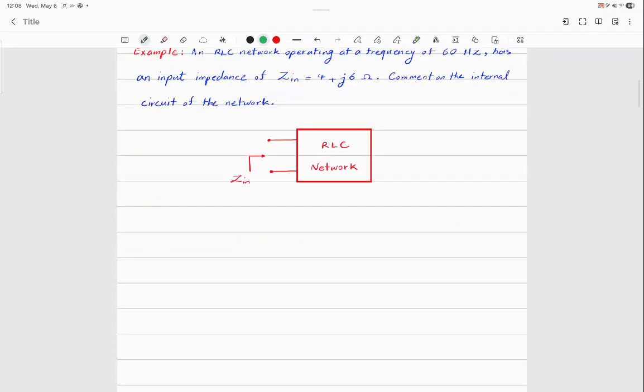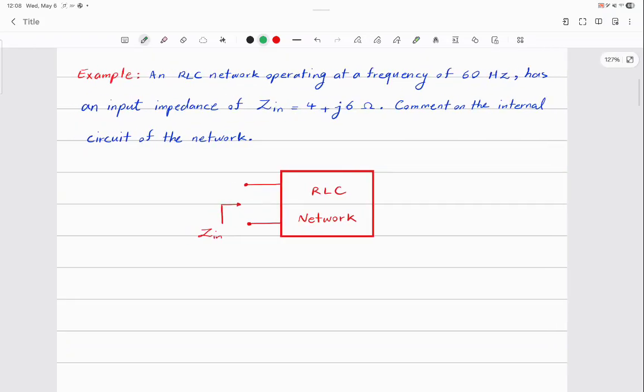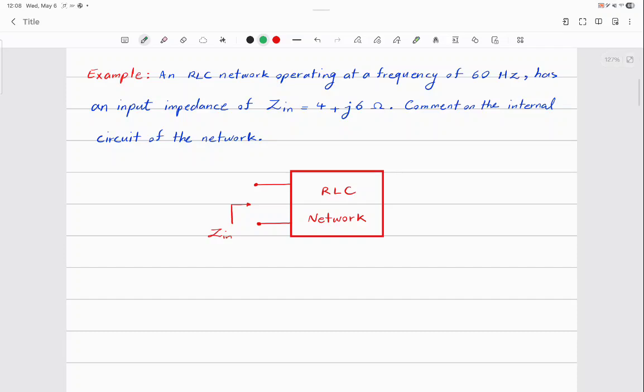Very good. Now, let's do an example. An RLC network. What does RLC mean? It means it is made of resistors, capacitors, and inductors, operating at a frequency of 60 hertz. So your F is 60 hertz.